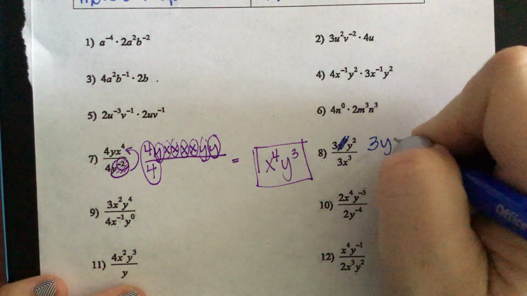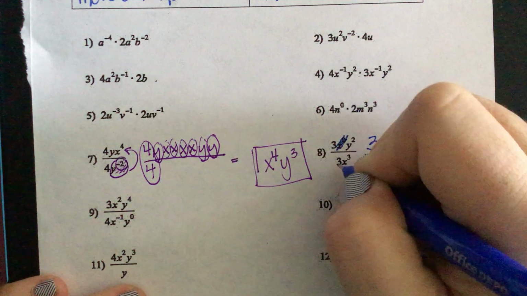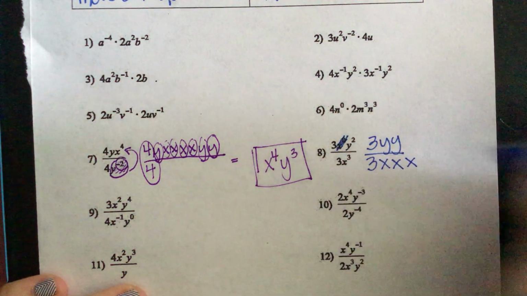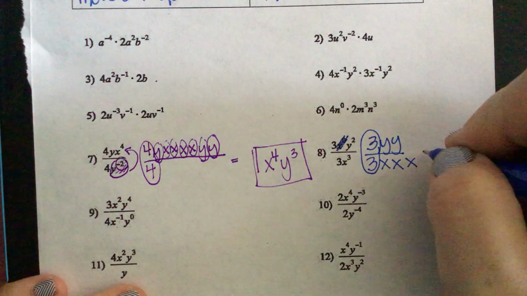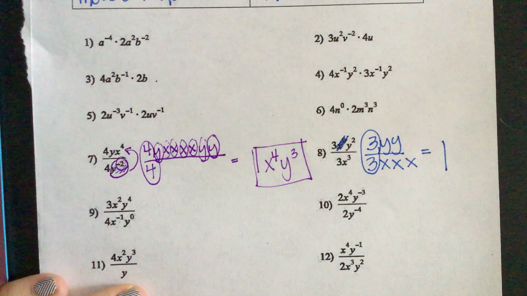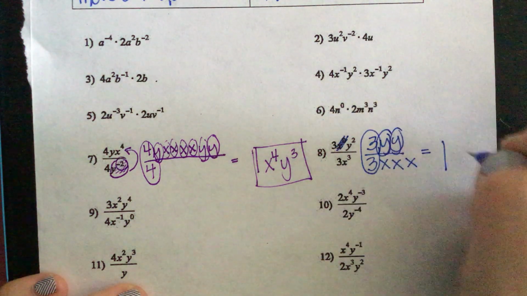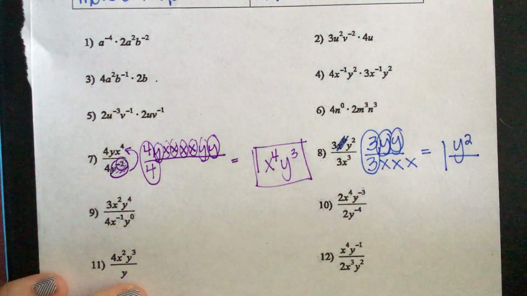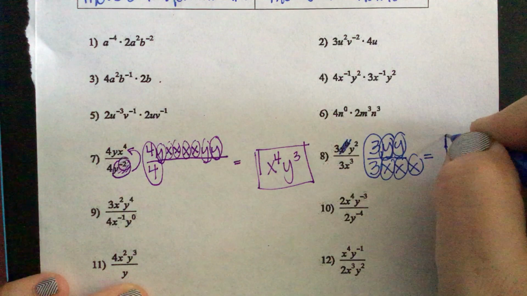Then I'm left with y over 3 x, x, x. I'm going to simplify my coefficients. 3 over 3 is 1. Does anything cancel out? Nope. I'm left with y squared over x to the 3rd.